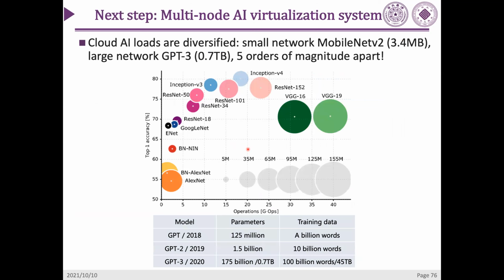And now we are also trying to expand single node virtualization to multi-node virtualization, because we find that the current models of cloud AI inference tasks show a very diverse trend, including very small neural nets of megabytes, and also very, very large neural nets.